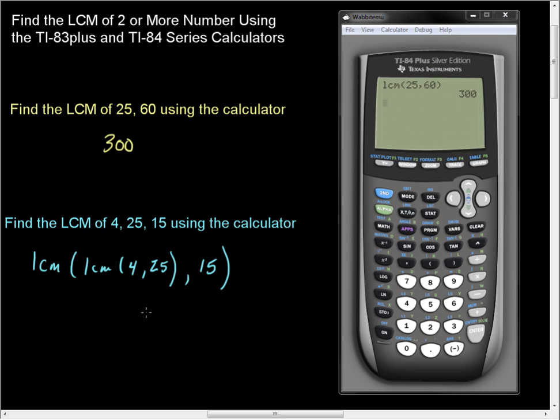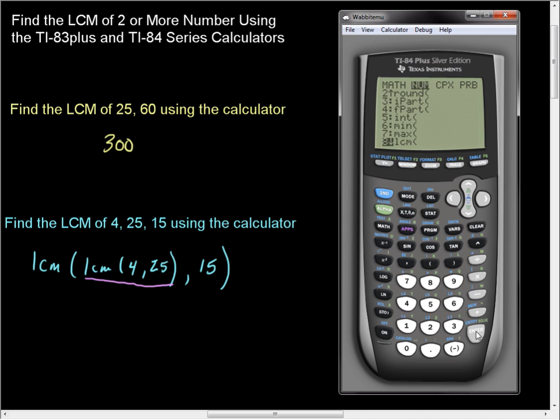There's another method that uses somewhat similar keystrokes, but it uses answer instead of this part here. And I'm going to do both. So in this first one, let's just do the embedded version. I'm going to take the least common multiple, so I hit math, scroll over to num, and I can either press 8 or scroll down to 8.